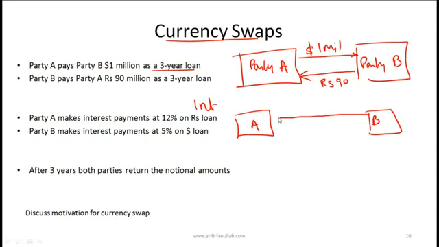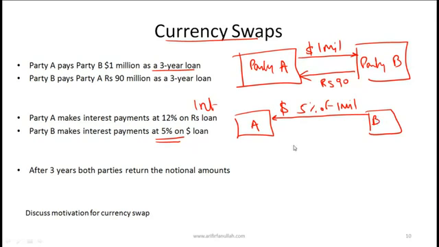So Party B on an annual basis will make interest payments based on the agreed upon amount. So if Party B agreed to pay at a 5% rate, then 5% of $1 million. So this is how many dollars Party B will pay, the interest payment from B to A at the end of every year.